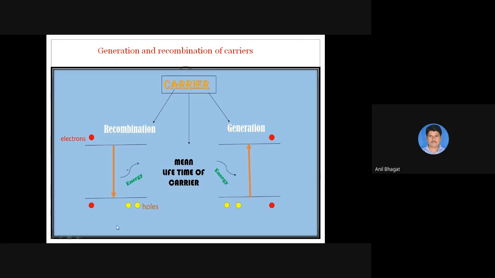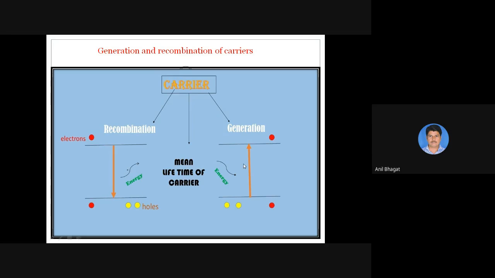Now suppose after applying external energy, the electrons keep moving from the conduction band to the valence band and then recombination takes place. Between these two, in the red and the yellow, recombination takes place, and while recombining, energy is generated, right? The energy is released and is always going in this direction. So here the electrons and holes recombine and the energy is released.